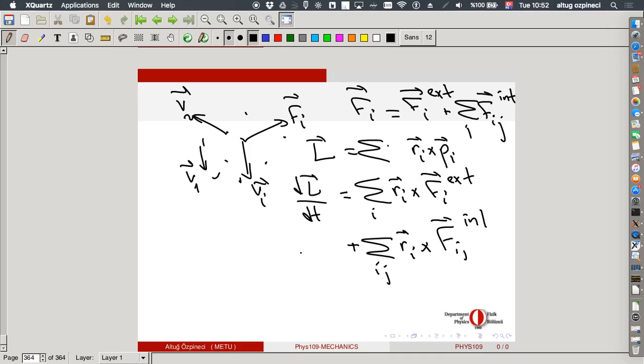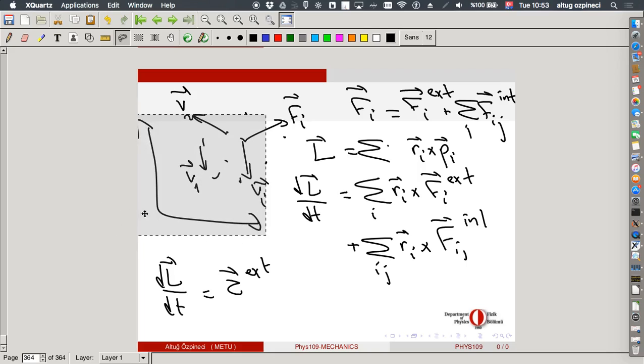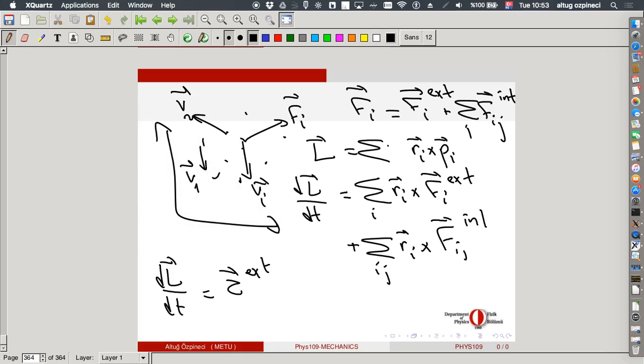Each one will be creating some torque. So the rate of change of the angular momentum of my system will be equal to the external torque. Now the internal torque, this is the internal torque for this system. I just choose some coordinate axis somewhere. This is ri for this object.